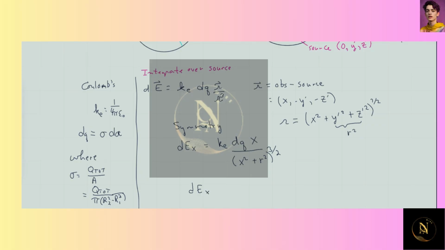So we're about ready to integrate. The sigma is constant, so it comes out. The x is not the source. Remember, the x is the observation point, and so it does not get integrated over.